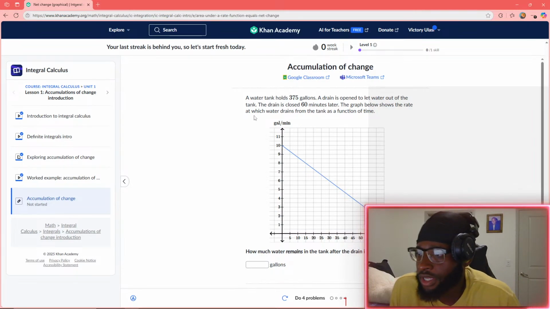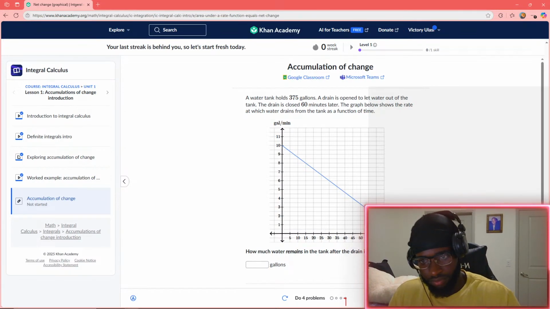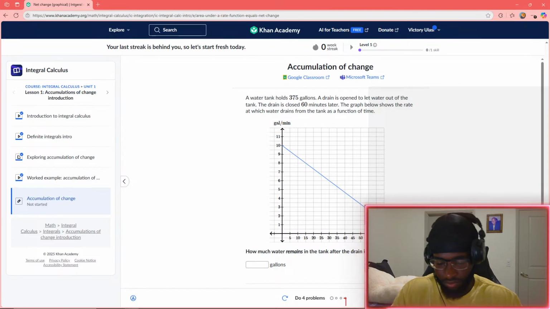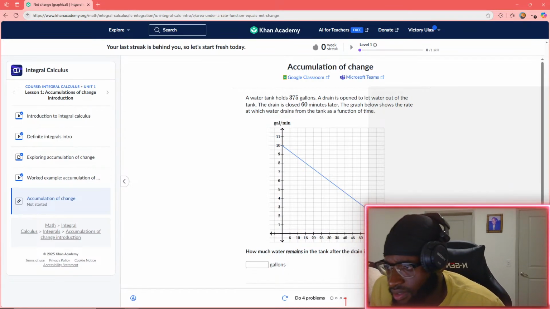Drains water out of the tank. The drain is close to there. I'm not doing this. 375.